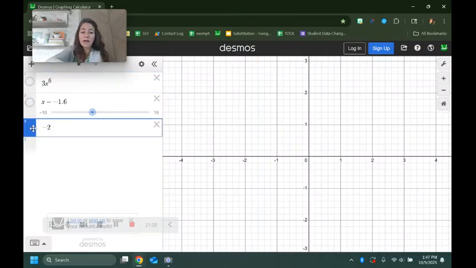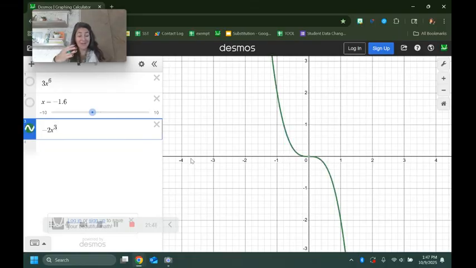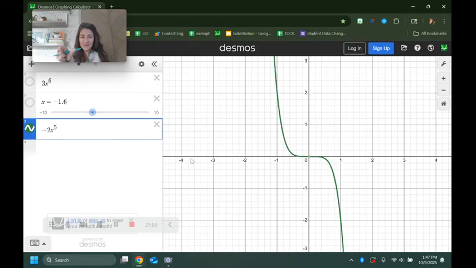Negative 2x raised to the 5th. So it's a little bit wider than, and I do want you to experiment a little bit. See how x to the 3rd is pretty tight in there. x to the 5th, it just has a long, wider base there.